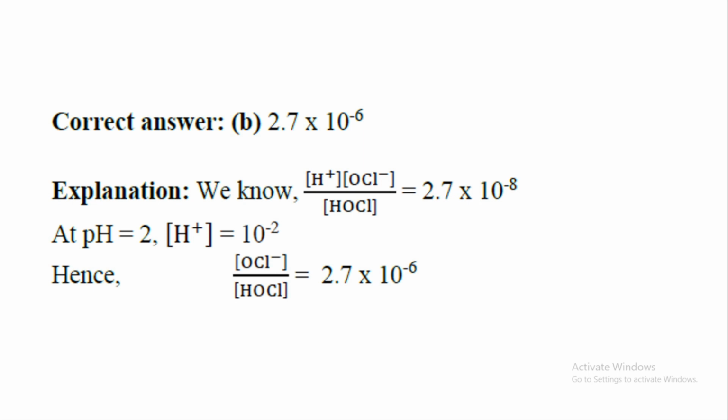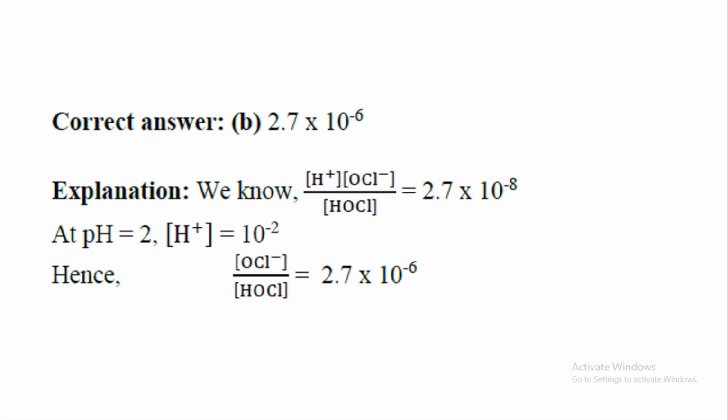The dissociation constant in the forward reaction will be H plus into OCl minus divided by whatever is remaining in the solution after the dissociation, that is the concentration of HOCl. This is how we define the dissociation constant.